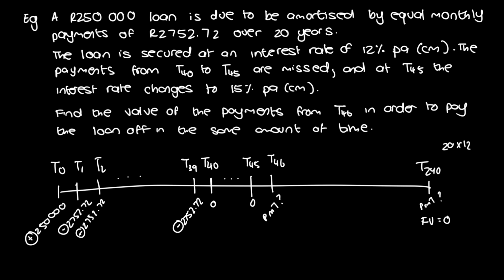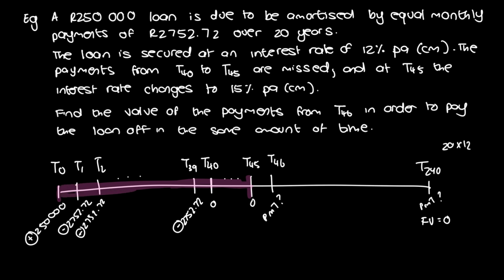So an easy way to go about this is to just color in where the interest rates are specific amounts, because then you can automatically see where everything is. So from T0 all the way to T45, we're going to have that interest rate. And I'm just going to make this line a little bit thicker so we can see what's happening here.